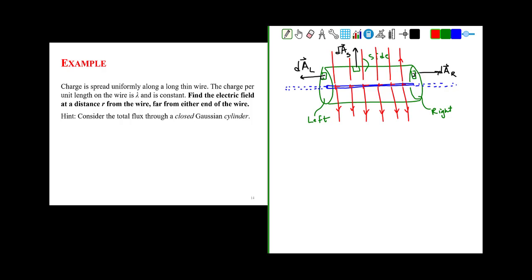Now, drawing it from this vantage point, you could be forgiven for thinking that the electric field is uniform, but it's not. If we just chose a different vantage point, again, you would see that the electric field is just radially away from the line of charge.